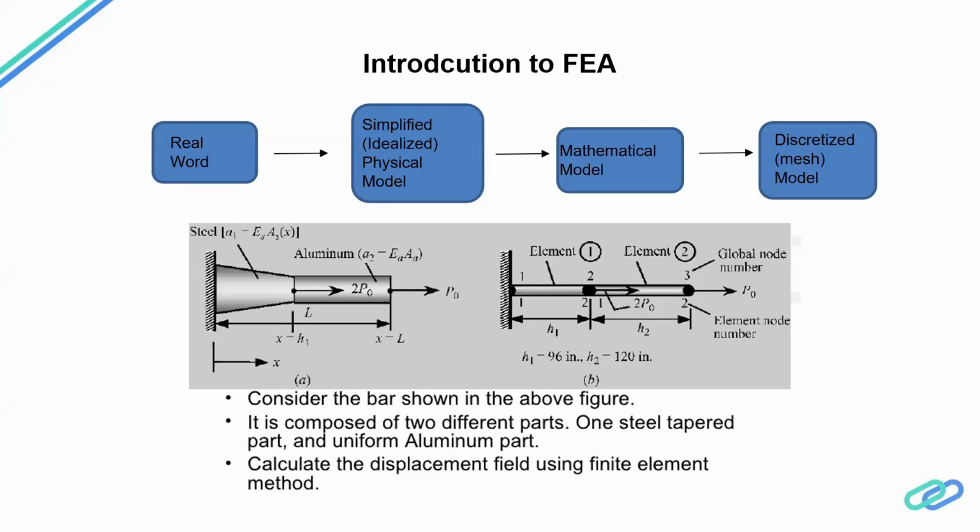Right. So all of these have a certain set of rules, a certain set of boundaries. Within these boundaries, you can make various kinds of changes and represent the real-time problem in the virtual platform. Okay. So here you have, as I mentioned, two parts. One is a tapered beam, the other one is a uniform cross section.